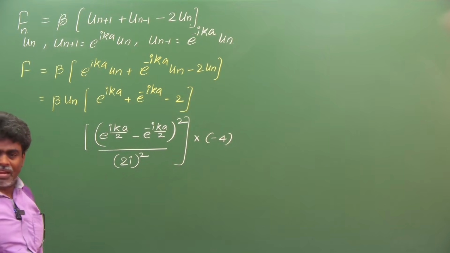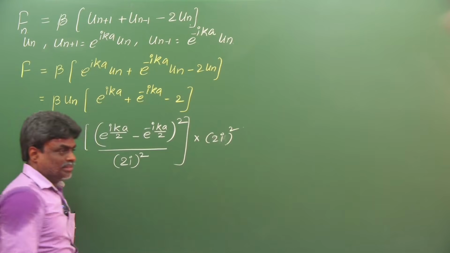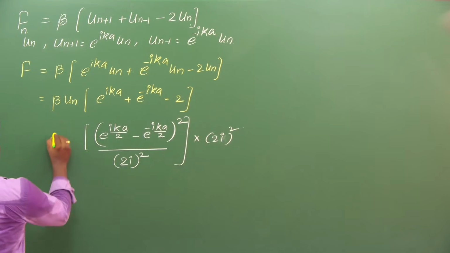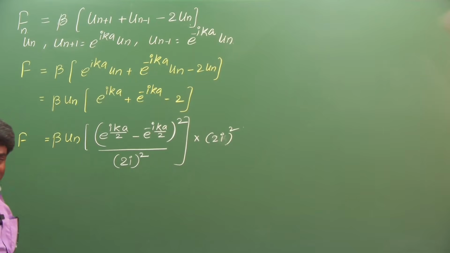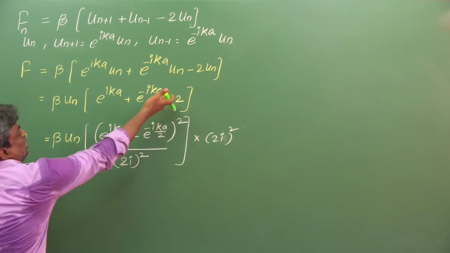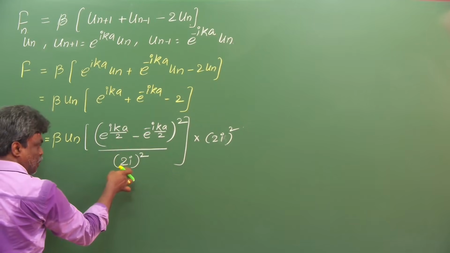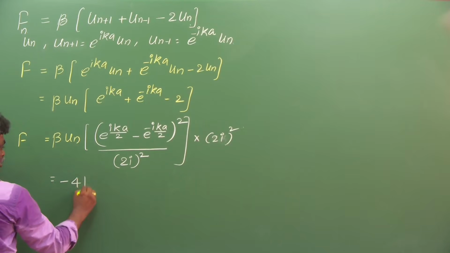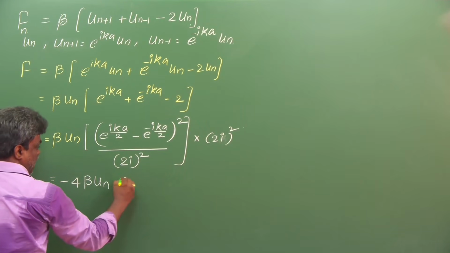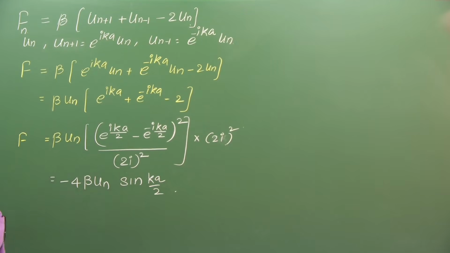Is it okay? So this is beta un. This is the force. Any doubt? A square plus b square minus 2ab. I want to write it as a sine. That's why I have written by 2i whole square into 2i whole square. This is nothing but minus 4 beta un.